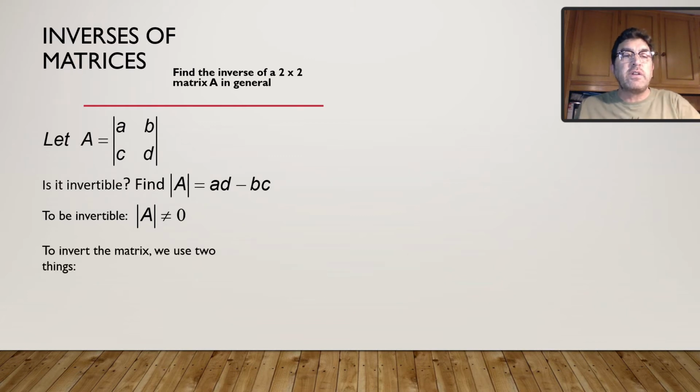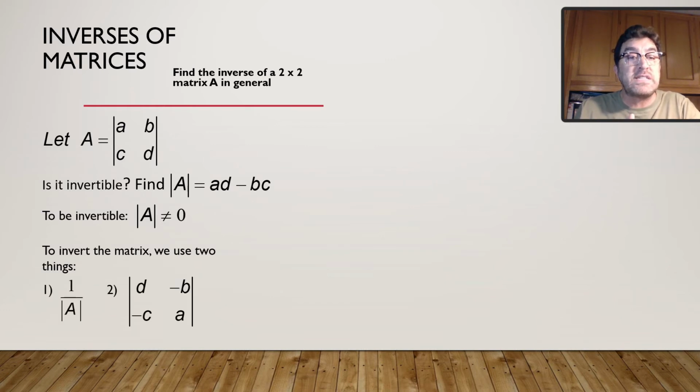To invert the matrix, we then use two things. We use the determinant, which is turned on its head, and we use the adjoint matrix there at the bottom. Now let's inspect here. The original matrix had an A and a D there. The adjoint matrix has a D and an A. So AD became DA. Okay, so those two entries swapped around, DA.